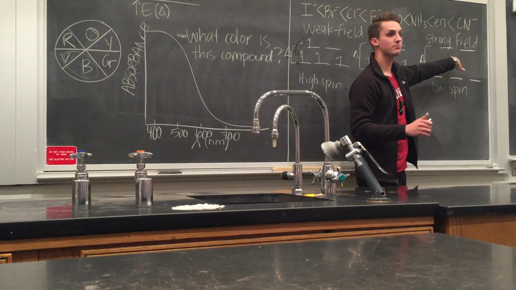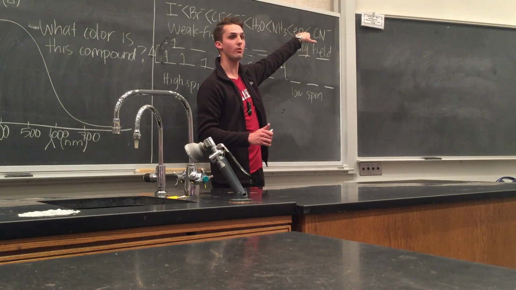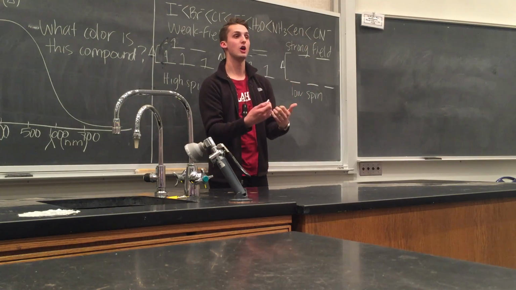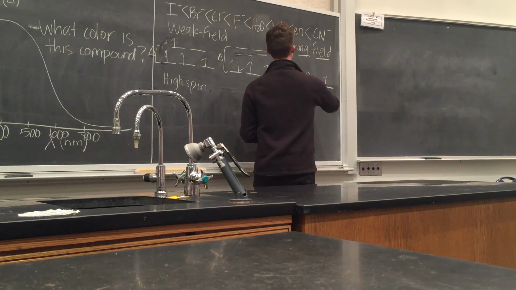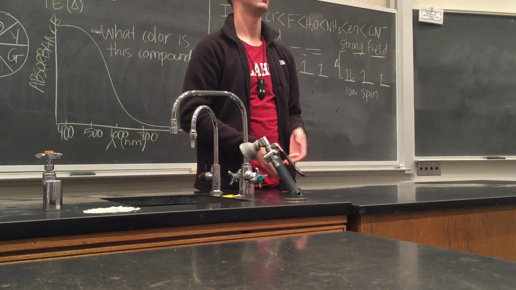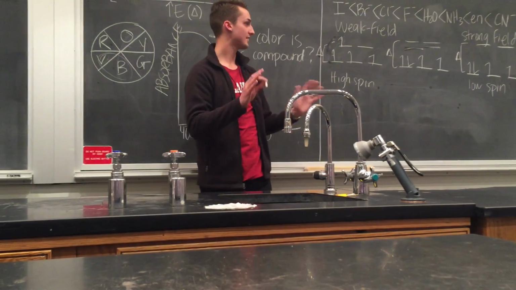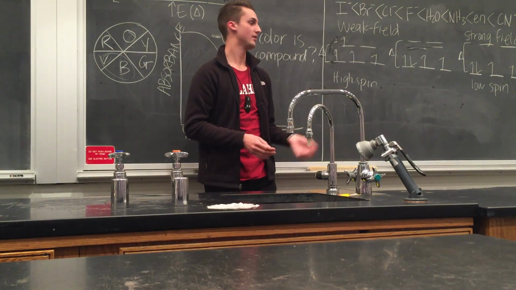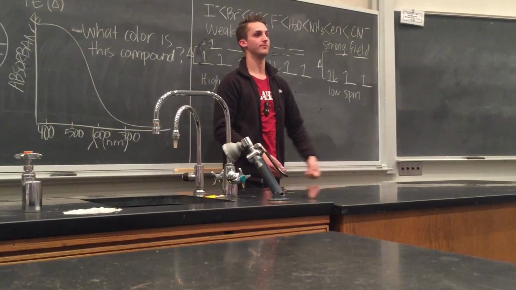Low spin electrons from strong field ligands, this energy gap is so big, they really don't want to hike all the way up there, and they have low spin pairing energy, so it's much easier for them just to flip their spin and get paired up. Any questions on that? That's basically all you have to know: high spins will go up, low spins will pair up.